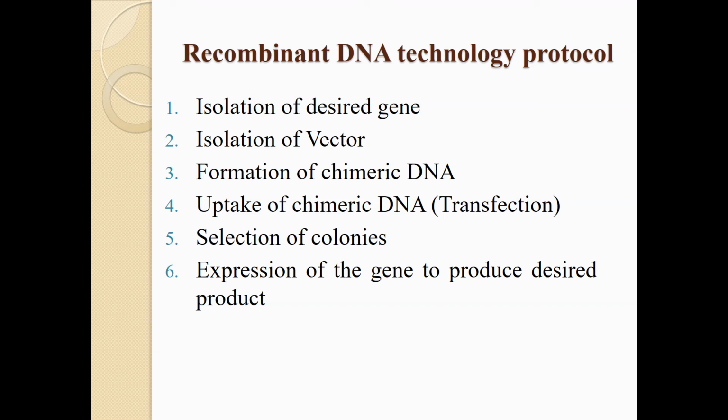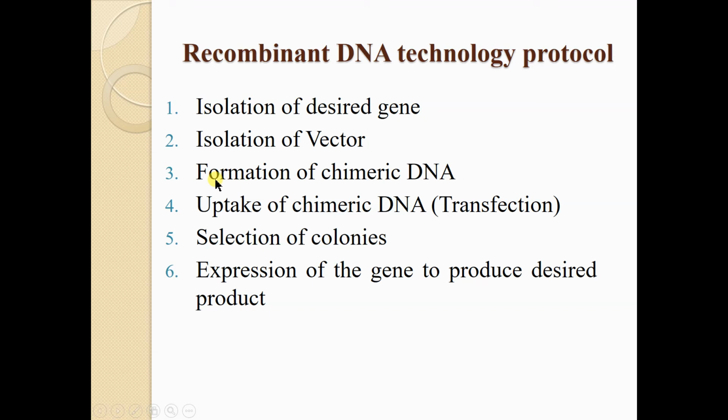This is also a very important short note. By their activity on the whole human genome containing the desired gene and on the vector, they will produce sticky ends or blunt ends, depending on the restriction endonuclease enzyme.